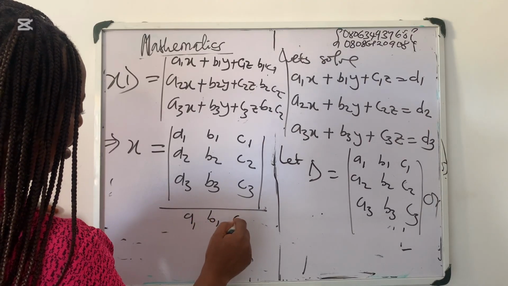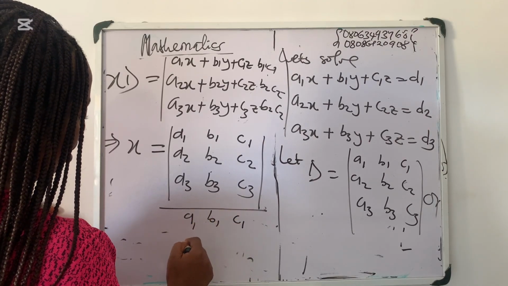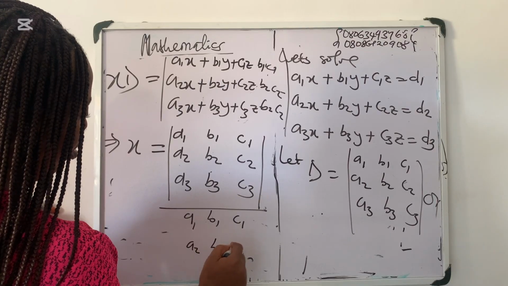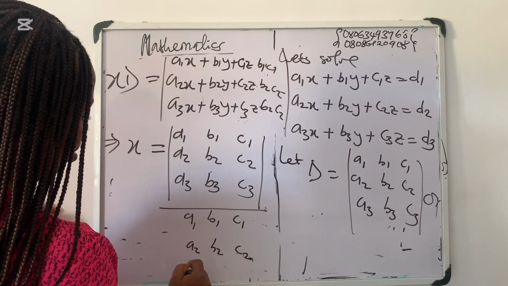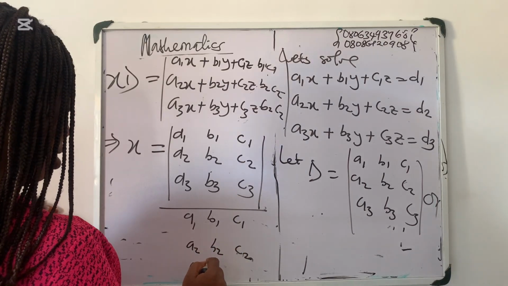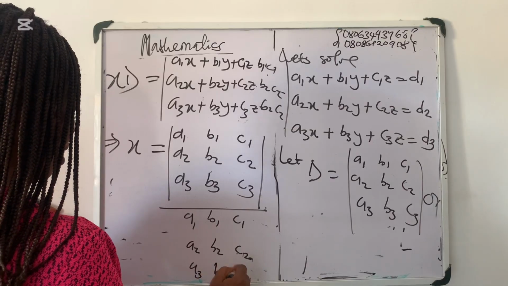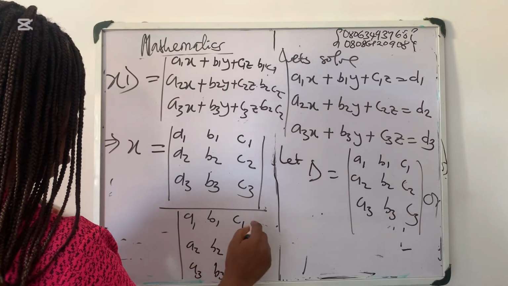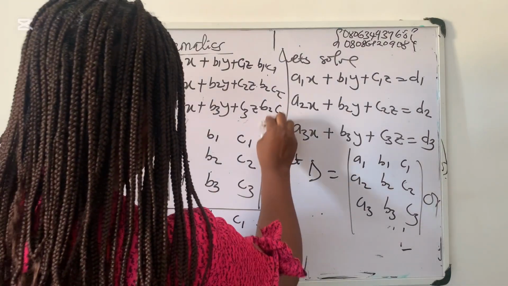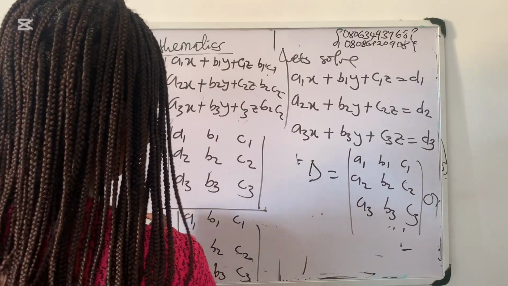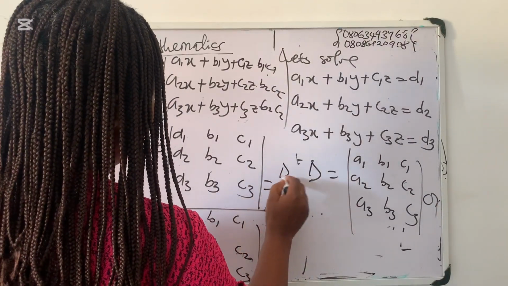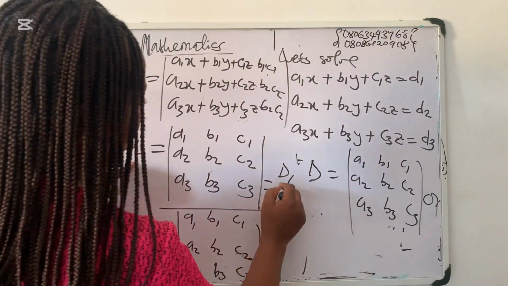A1, B1, C1, A2, B2, C2, A3, B3, and C3 equal to D1. Our D1 is X all over D.